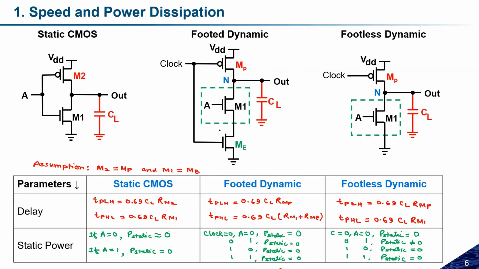Then MP might become strong enough that it offers very little resistance. So this is what you need to consider, especially when designing all these things. So this is the simple comparison among all these three possible combinations.